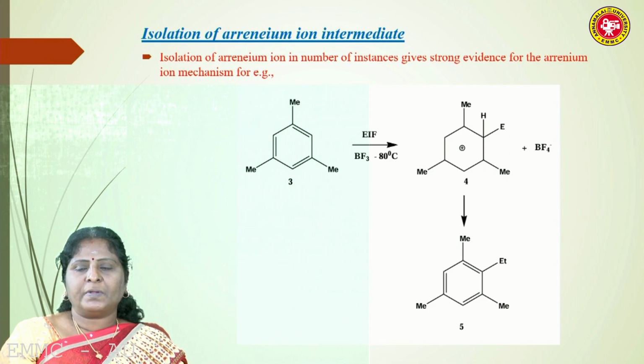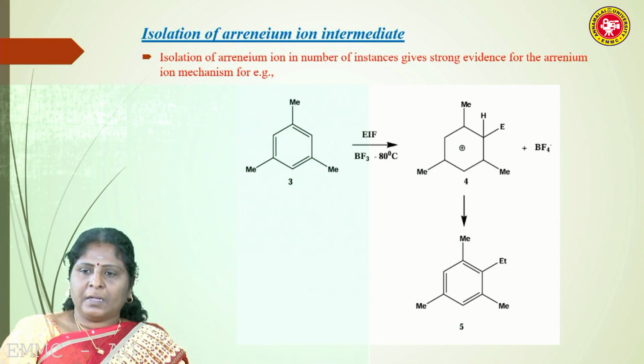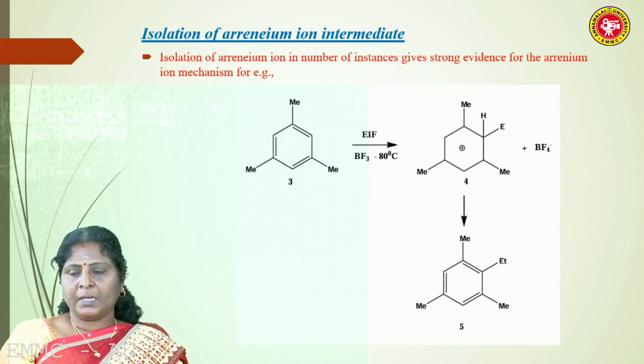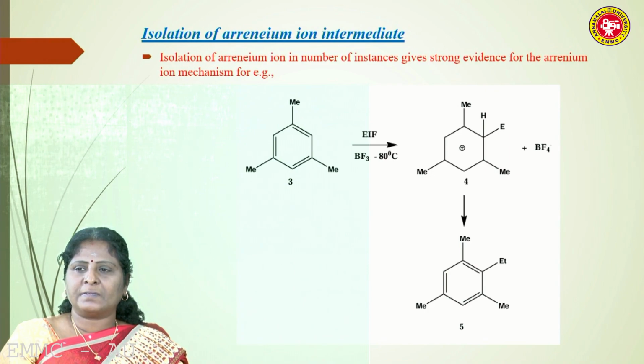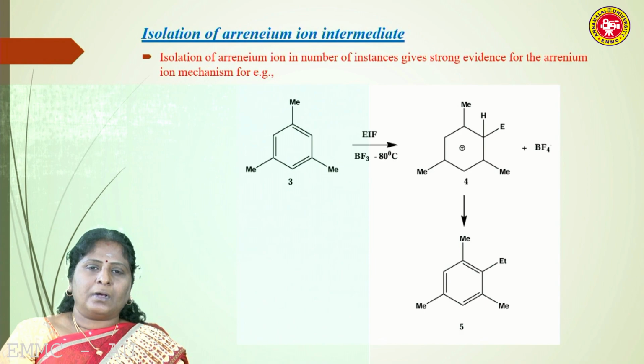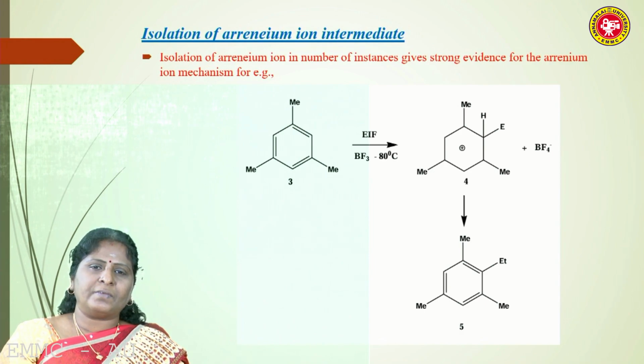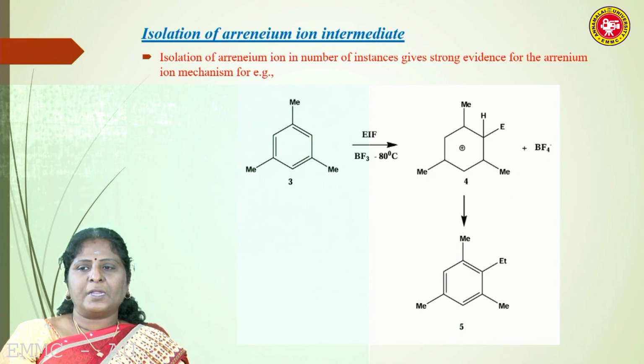For the reaction between the trimethyl compound number 3 and ethyl fluoroborate, maintaining the conditions below minus 80 degrees Celsius, an arenium ion intermediate, 4, is produced that can easily be isolated, but the temperature has to be maintained below minus 80 degrees Celsius. That is another evidence that aromatic electrophilic substitution reactions proceed through the arenium ion intermediate.